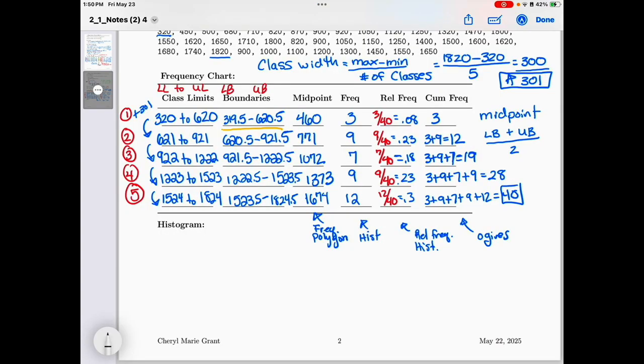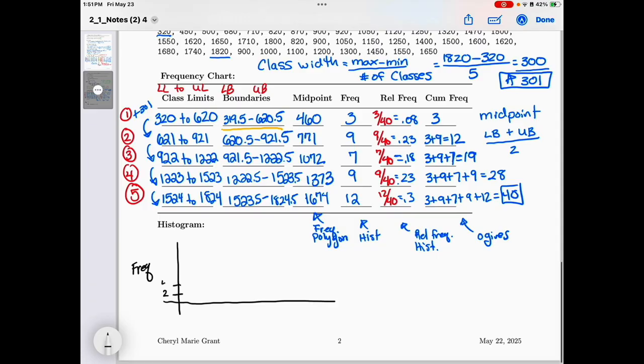All right, let's draw the histogram by hand. The vertical axis always is going to be our frequency. Now, the highest value I have for our frequency, the largest frequency is 12. So when I scale that, I want to make sure that we scale it appropriately and I don't go too far out past 12.